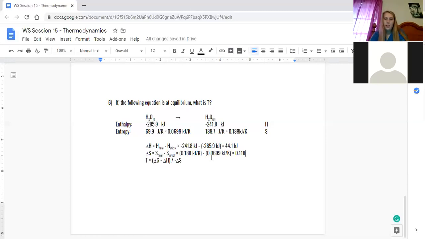Next we just have to plug these values in. These are our important numbers we've come up with here.